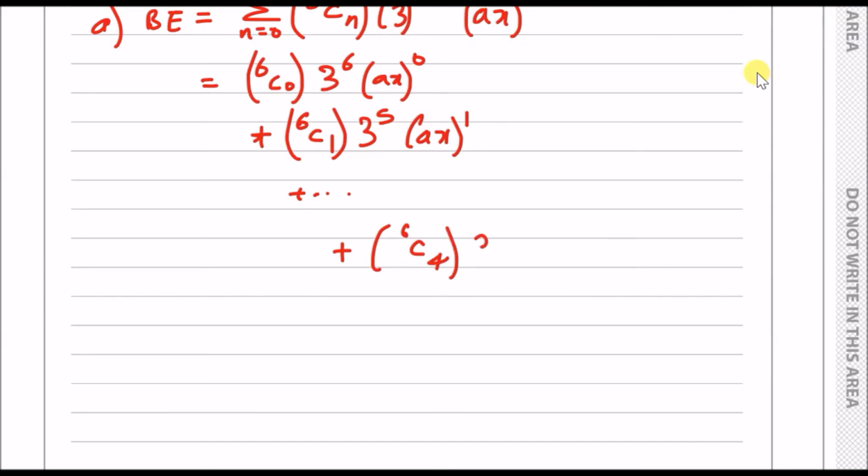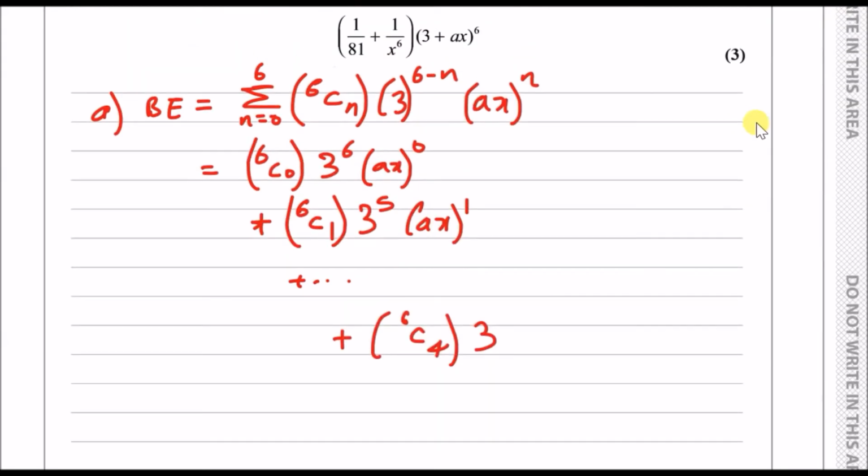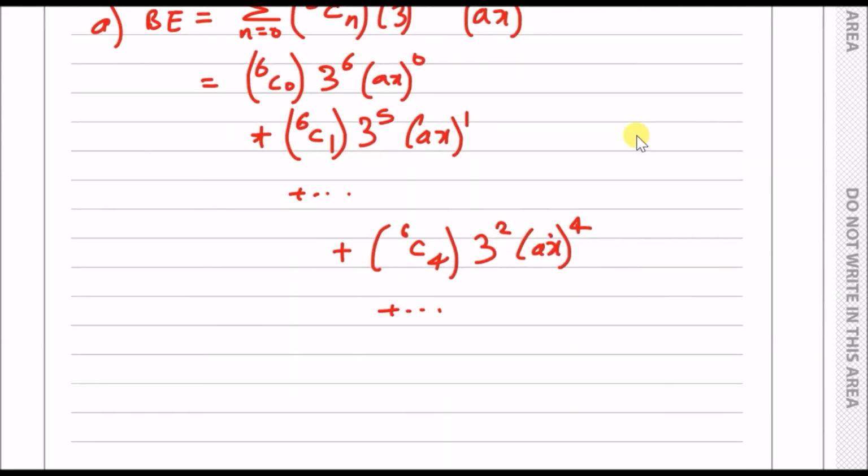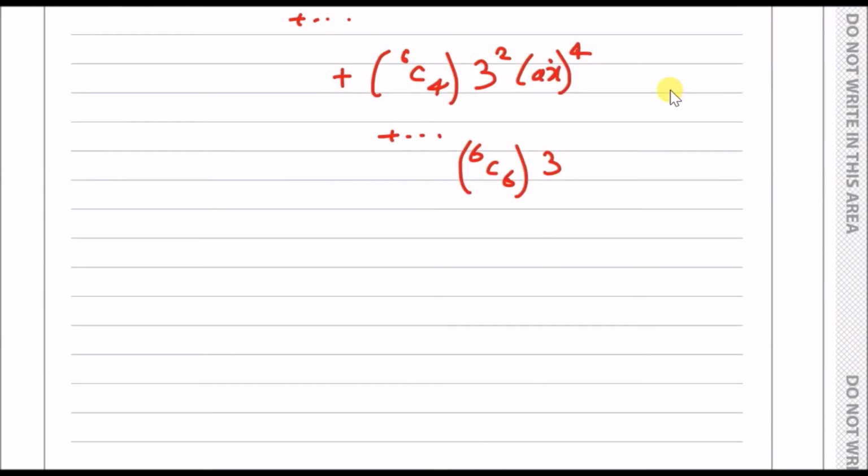We're now going to have 3 to the power of, well, if we think about when n is 4, 6 take away 4 is 2. And we've got ax to the power of 4. Okay, and again, this will keep on going until you get to the final term, which is 6 choose 6, 3 to the power of 6 take away 6, which is 0, and then ax to the power of 6.